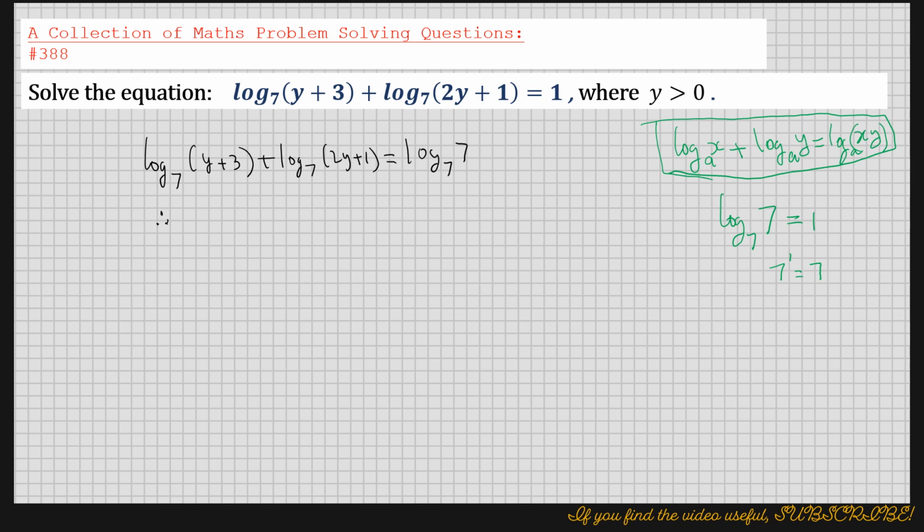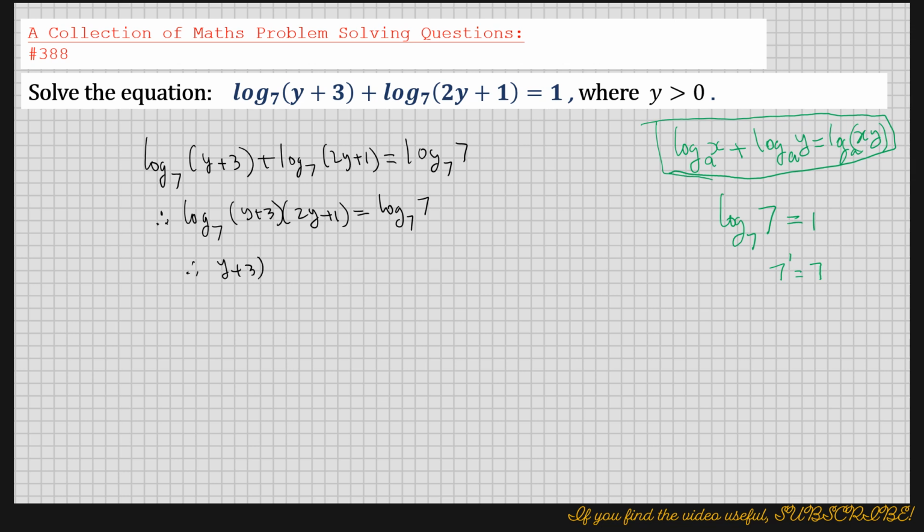Therefore, log to the base 7 of (y plus 3) multiplied by (2y plus 1) equals log to the base 7 of 7. And then we get rid of the logs, we don't need them anymore.